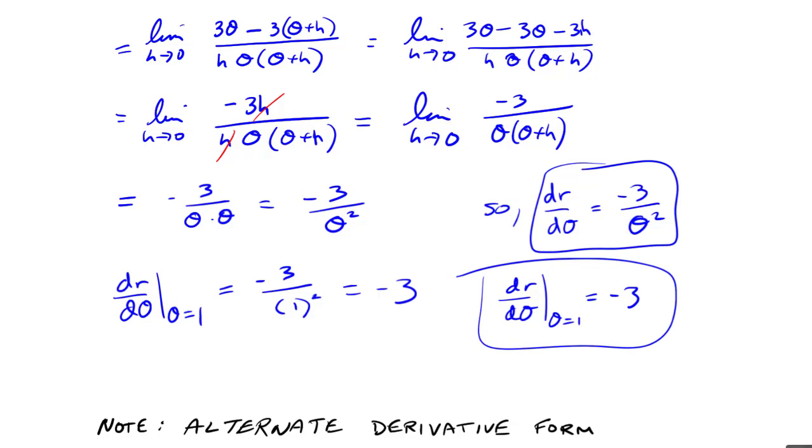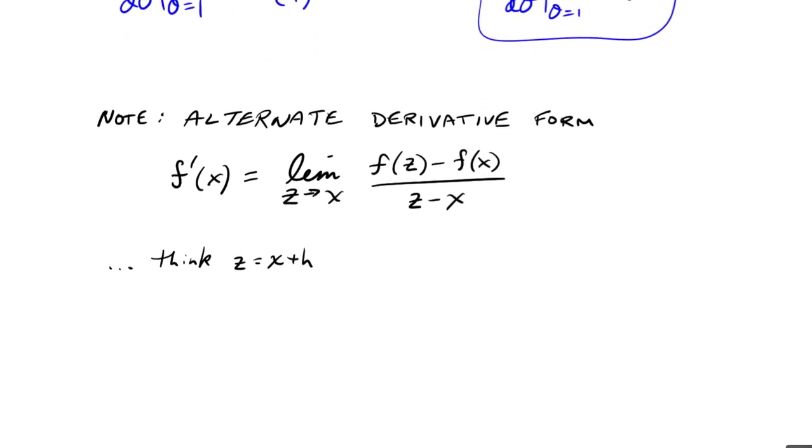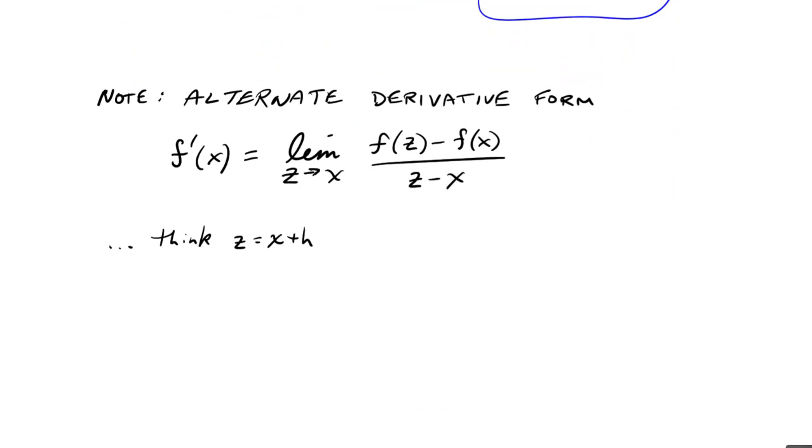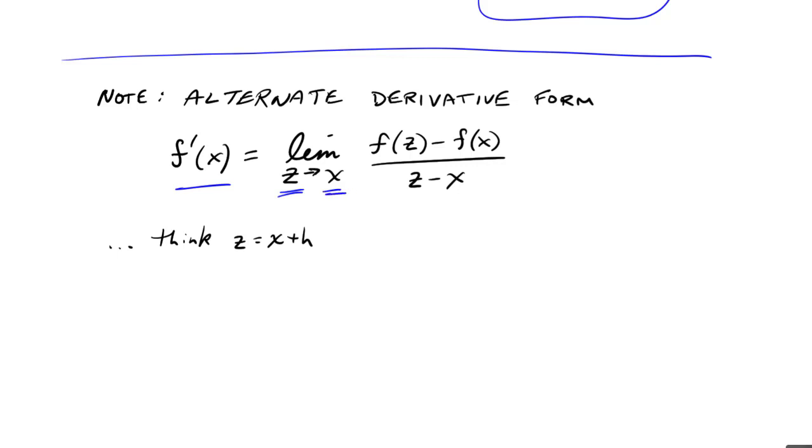Okay, now I should mention there is an alternate form of the derivative, going back to the original f of x. You can write the derivative as f prime of x is the limit as z approaches x of f of z minus f of x over z minus x. This is not really a different form. It just happens to be nice for certain circumstances.